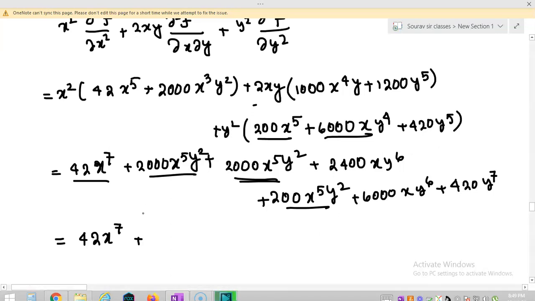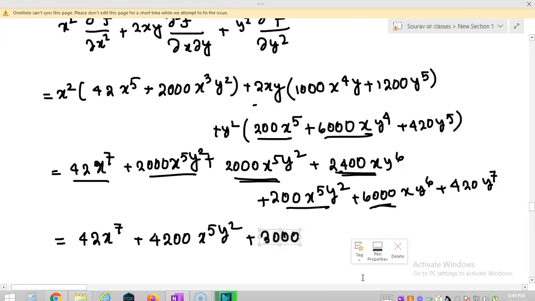So it will be 4200 x to the power 5 y square, and sorry, it will be 8400 x y to the power 6, and it will be 420 y to the power 7.